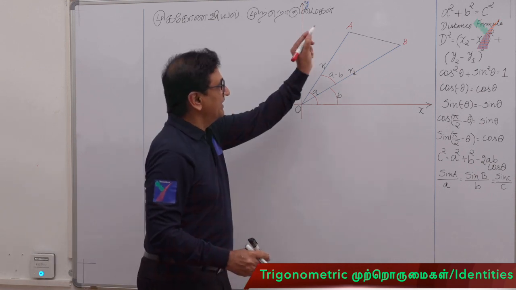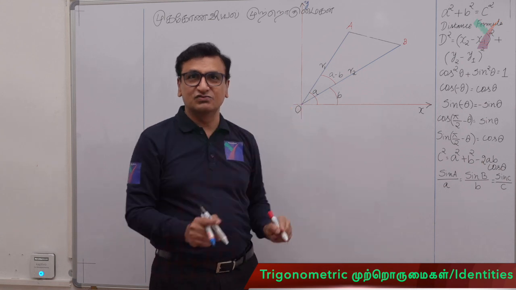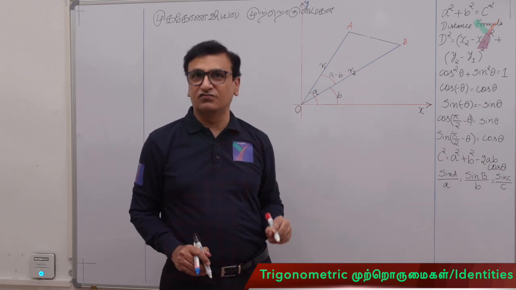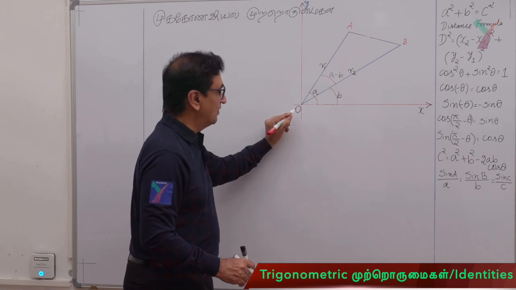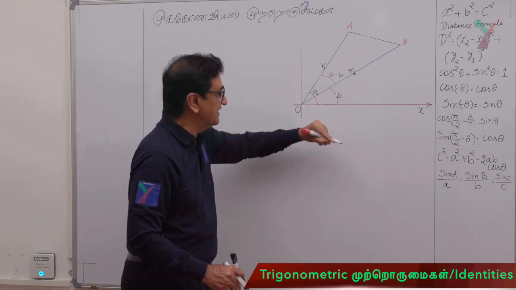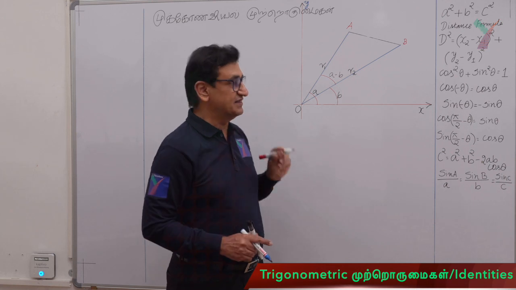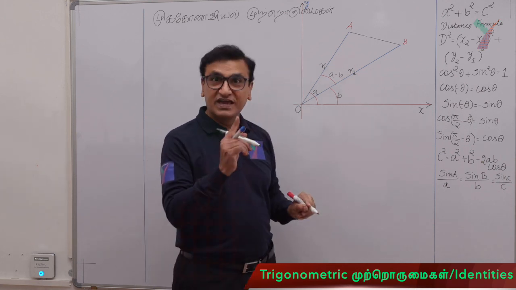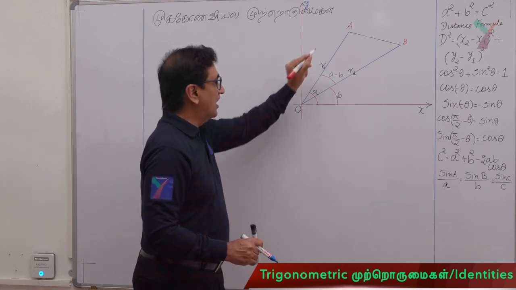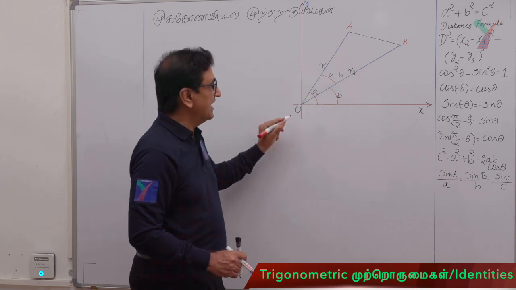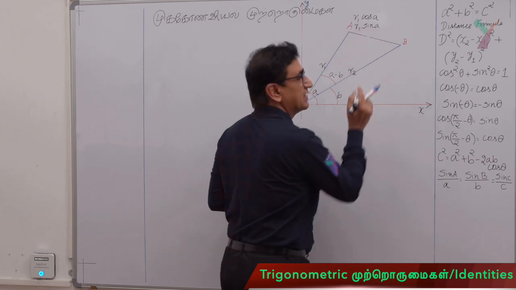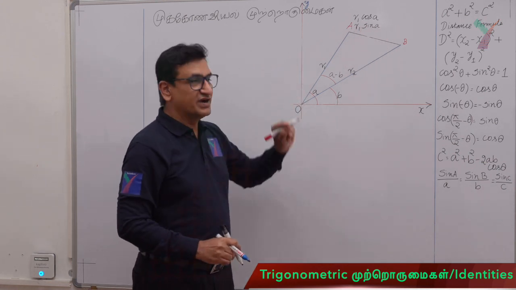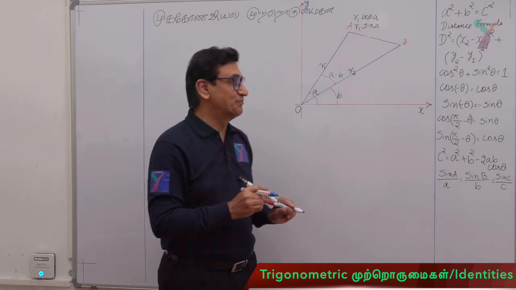முதல்ல நம்ம point A and B இந்த ரெண்டு points ஓட coordinates in polar form எழுதணும். Point A எடுத்து போறோம். The distance from origin is R1 and the angle is A. அதனால the coordinates of A in polar form will be R1 cos A and R1 sin A. அதே மாதிரி the coordinates of B in polar form.